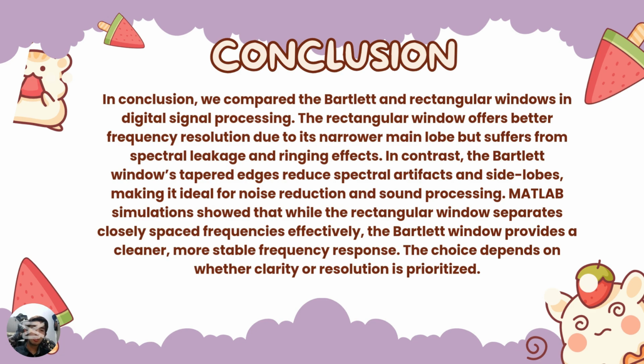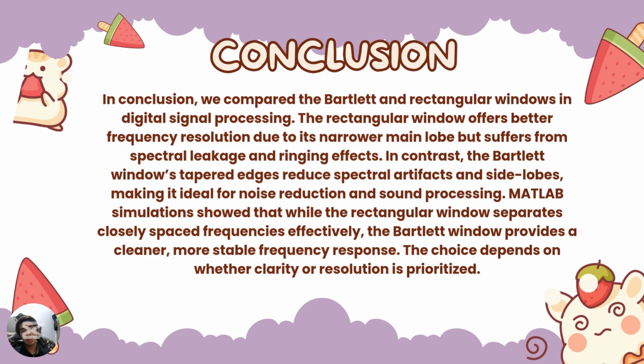The rectangular window, characterized by the sharp transition and uniform weighting, provides superior frequency resolution due to its narrower main lobe. However, it has high side lobe levels, which lead to significant spectral leakage that can obscure weak frequency components in a noisy environment.